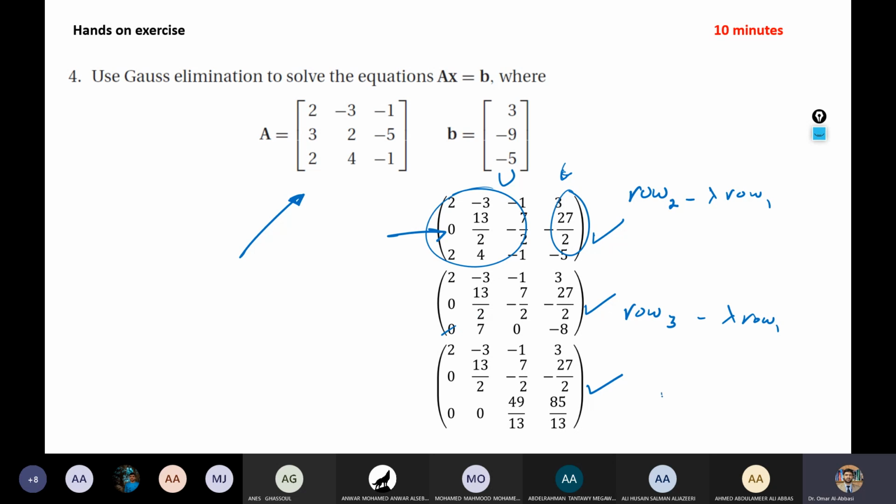Then you will jump to row. You are over here, right? So row 3 minus lambda row 2. So we write the matrices as well as the operations. Okay, I'm just placing that in order to double check that your calculation was correct. I'm saving you some time.